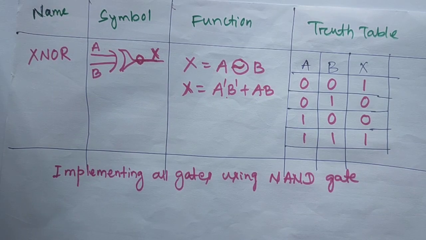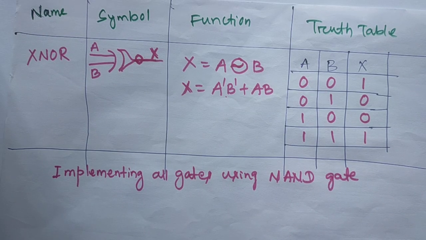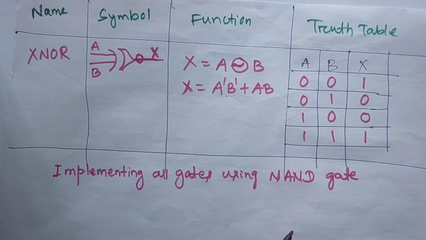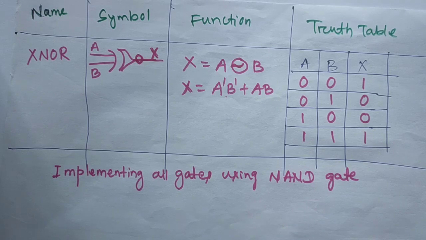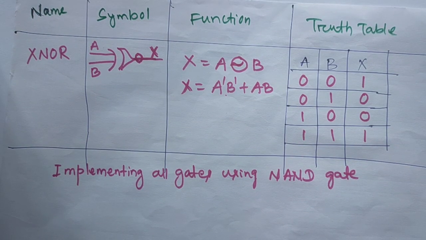Now, some applications of different gates, or implementing different gates using the NAND gate. How to implement all gates, or different gates, using the NAND gate, based on that we will consider.